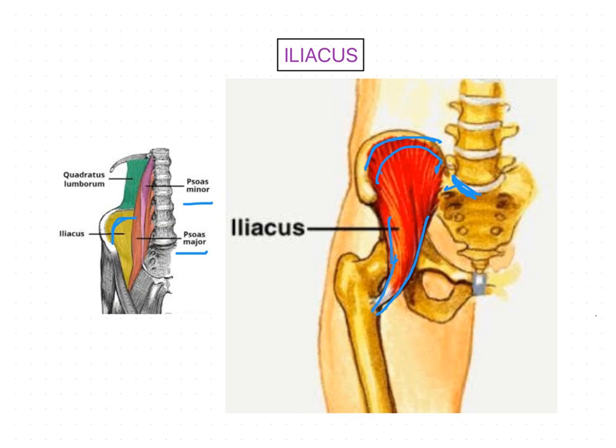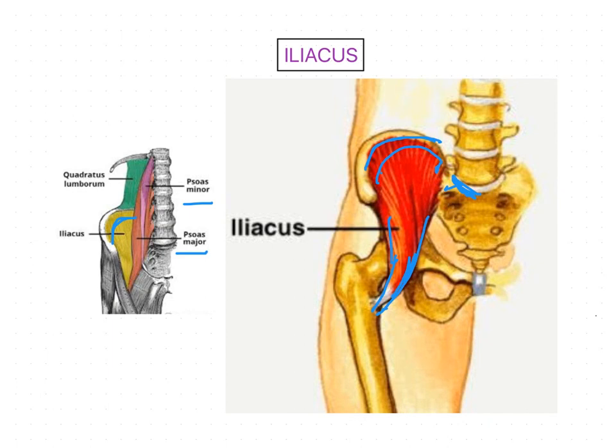Normally during this course, the medial fibers of this iliacus attach with the lateral part of the psoas major to form iliopsoas. So both these two tendons are inserted on the lesser trochanter.